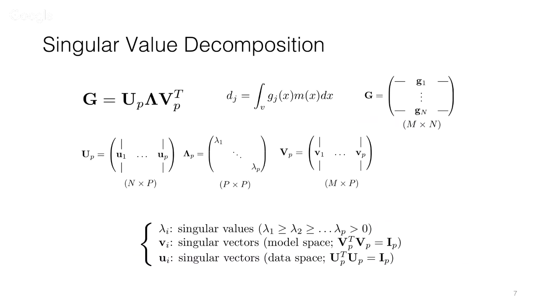These are effectively the eigenvectors of data space. Lambda p are a set of scalars, the diagonal elements, called the singular values. And vp are basis vectors for model space. So lambda is the singular values, V are the vectors for the model space, and these vectors are orthogonal.